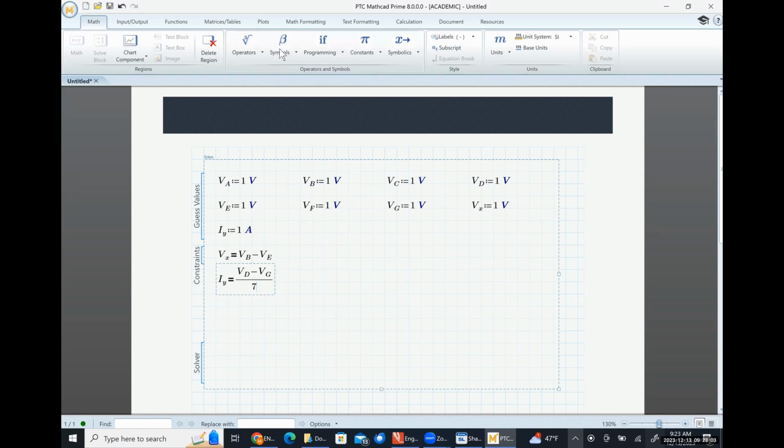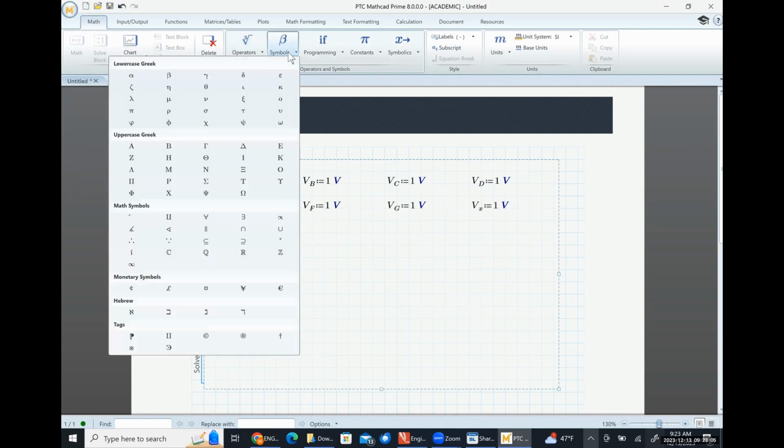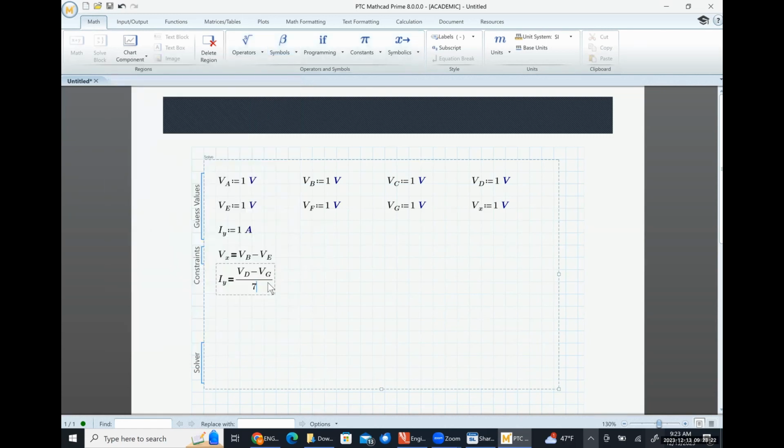If you look here where it says symbols, you can see that we have the uppercase Greek letter omega here. I'm never going to actually go to this menu because that's a pain. Instead, I'm going to use the keyboard shortcut, capital W and then control G. So let me talk you through why that's the way it is.